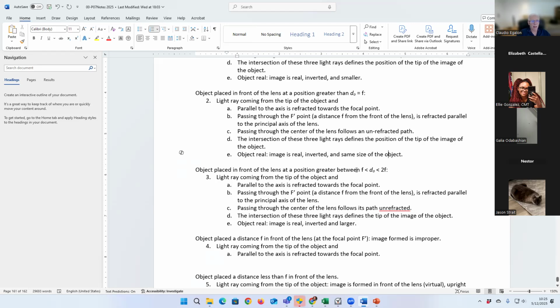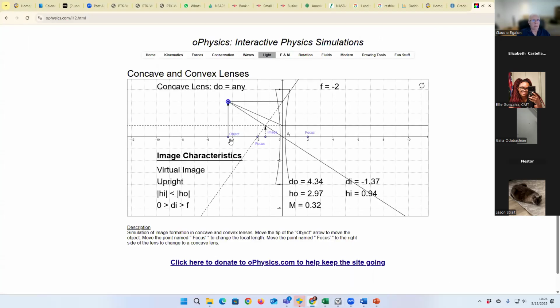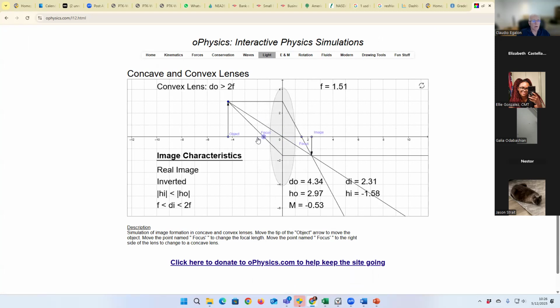Light ray coming from the tip, it's the same thing, right? That we had before. Object real, image is real, inverted, and larger. Unrefracted. Let's invert it here.